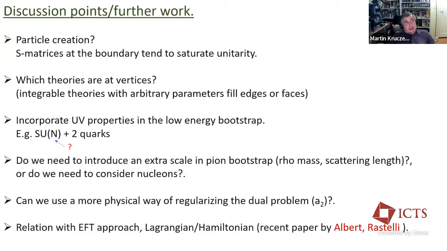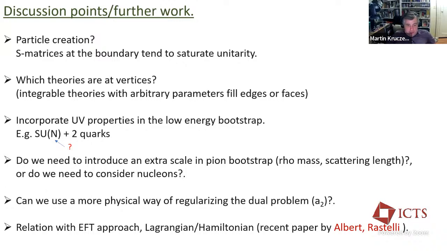But the question is, nobody did these nucleons. Well, in the old days, people had the pion nucleon interactions, but in this new approach, it seems to be quite difficult to do. Nobody did that. And so, for example, if I want to determine the rho mass, I need to put some scale. And how do I put it? Do I need to put a nucleon, or can I put just some scattering lengths, or put some information? Or some people just put the mass of the rho as extra information and see what happens.